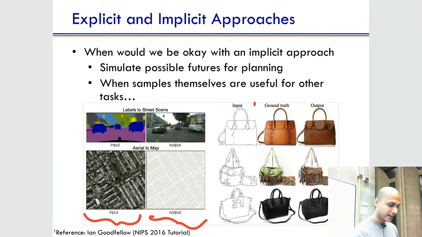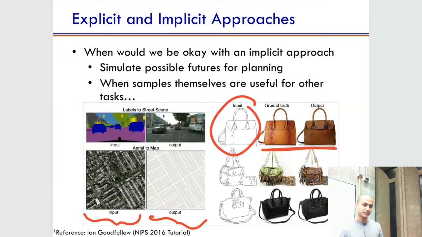Or given hand-drawn images, you can get colored images of the same thing. It's not a database lookup that finds and shows you a similar bag. In this case, it's actually adding colors and slightly changing it to make it realistic. So these color features are all sampled.